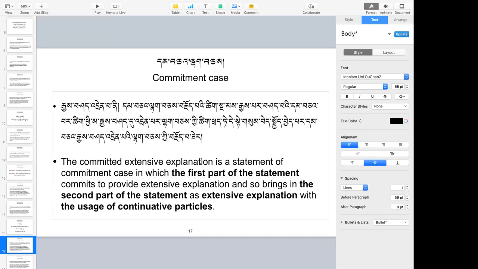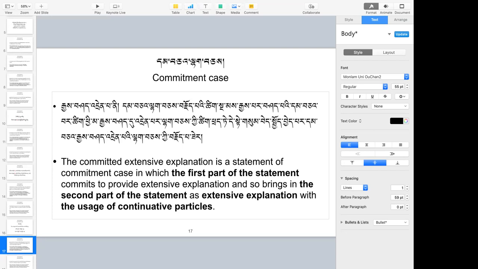So in that type of statement in which the first part commits to provide extensive explanation, most of the commitments are not stated directly in words like, oh, I commit to provide extensive explanation. It is more inferential, something that you infer from the nature of the first statement.